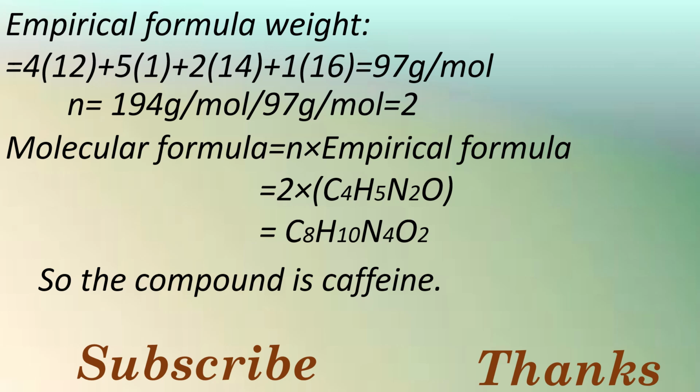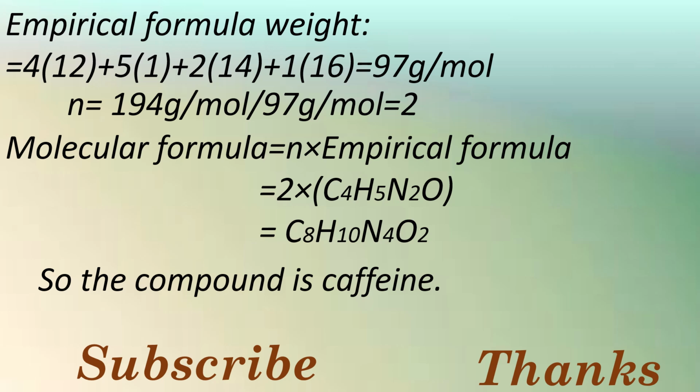Now we will calculate the value of N, which is equal to molecular weight divided by empirical formula weight: 194 gram per mole, as already given in the example, divided by empirical formula weight 97 gram per mole. The value of N is calculated to be 2. Now we have to calculate the molecular formula, which is equal to N into empirical formula.